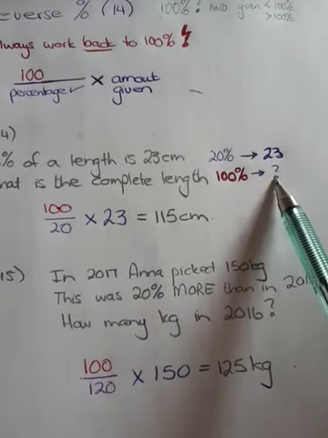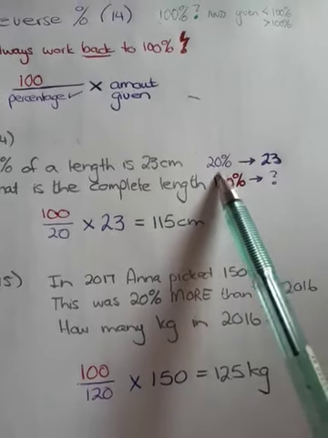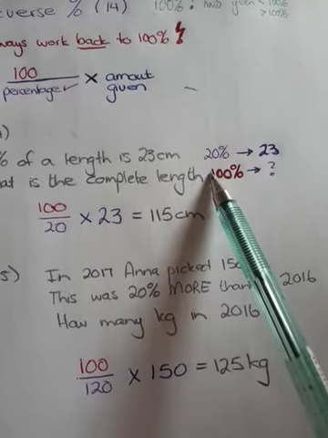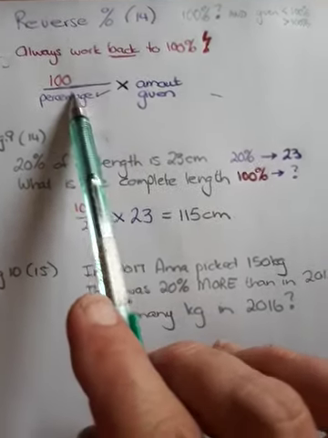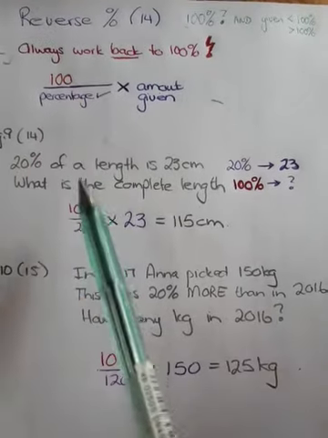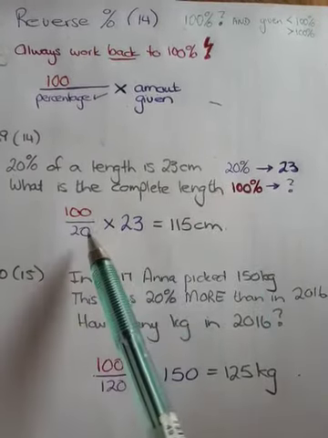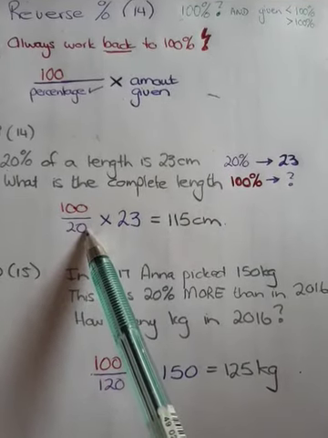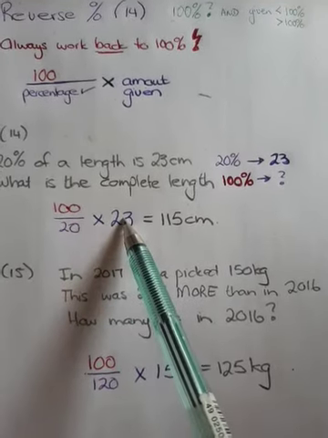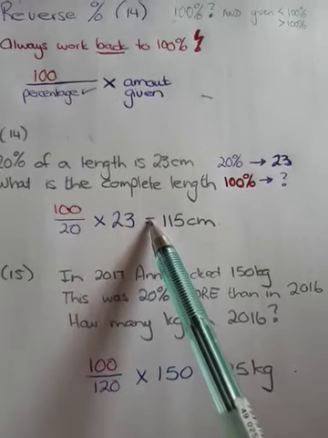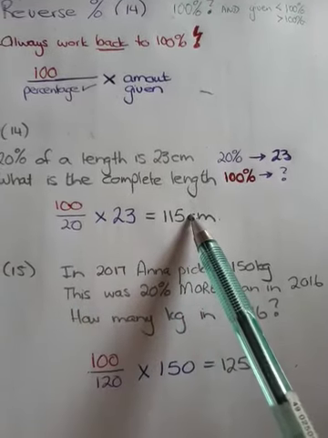I told you, you must always calculate the 100%. So when we go back to this number sentence, we will put the 100 at the top. We will put the second percentage, which is 20, at the bottom, and we will multiply it by the amount. Then when you calculate that, this is 115.